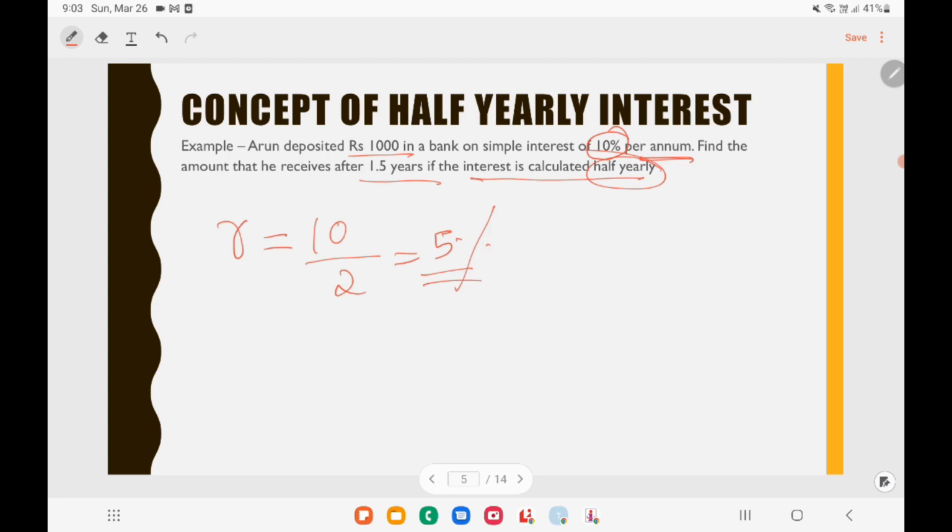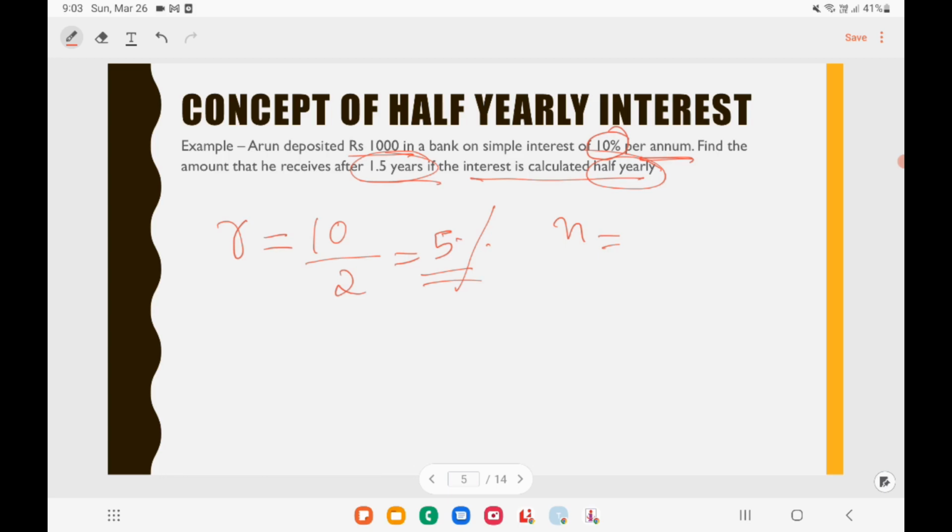Now when it comes to N, normally we say that N is the number of years. So here the number of years is 1.5. If you take N as 1.5, that is wrong, because N is actually not the number of years. N is actually the number of times you calculate interest. Normally, if you are calculating the interest per annum, then the number of years will be equal to the number of times you calculate the interest.